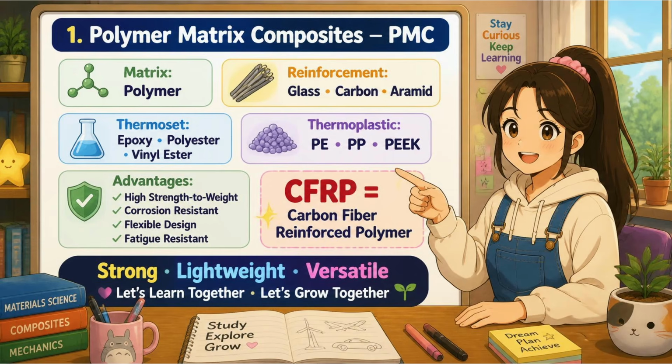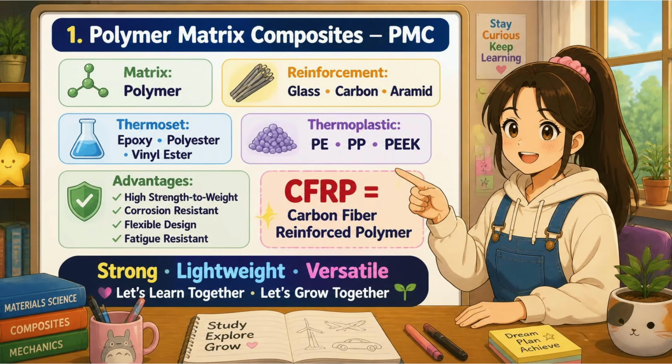PMCs generally provide low density, high strength to weight ratio, corrosion resistance, good fatigue performance, and design flexibility. In general, composites provide us design flexibility, and PMC provides the same.